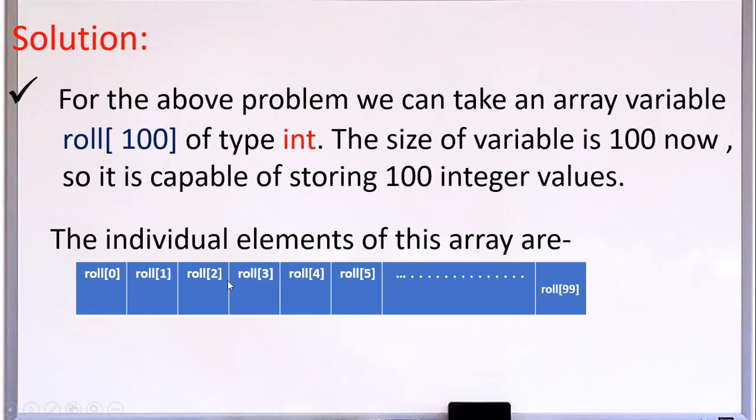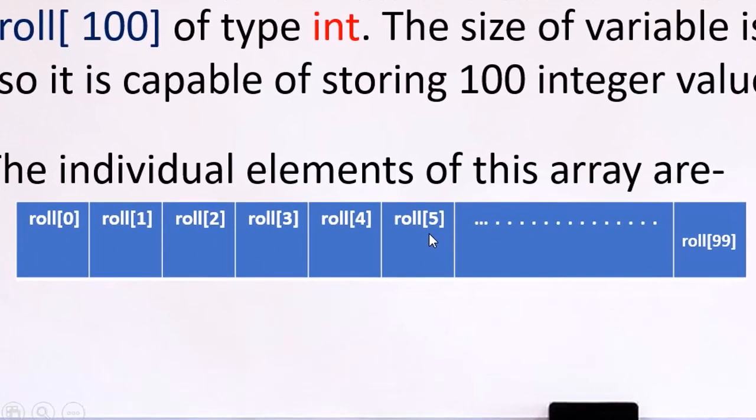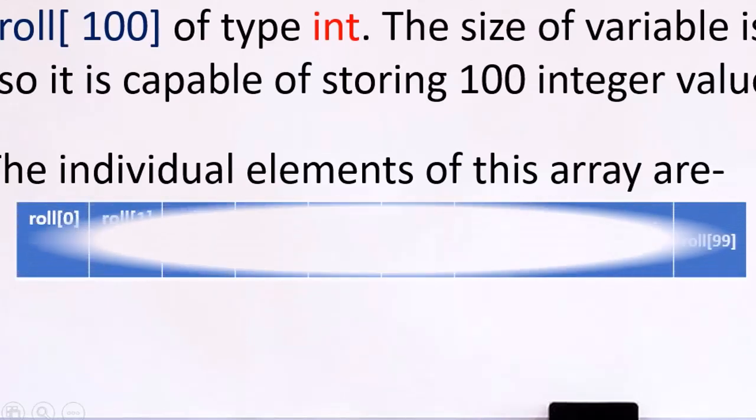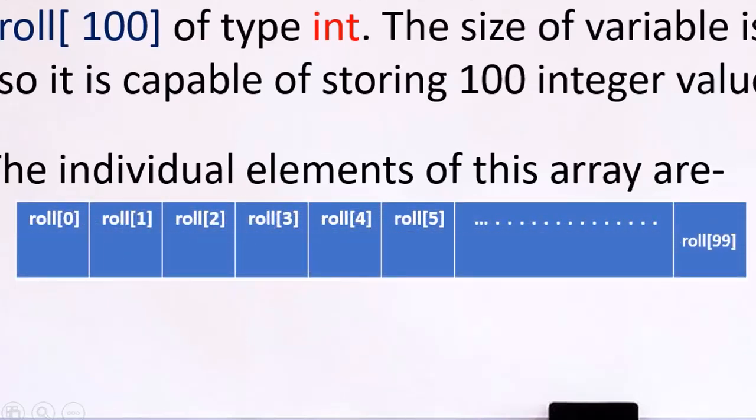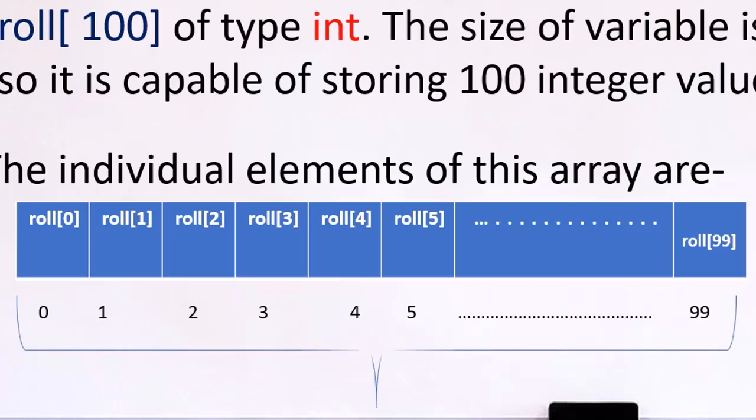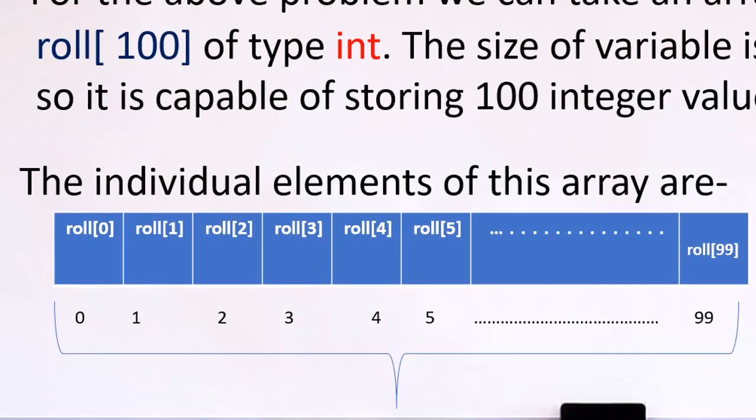When we declare a variable as an array variable, it will automatically make these boxes inside the memory. It will first initialize roll 0, then roll 1, then roll 2, and give different indexes to them. That is, it starts from 0 and ends with 99 for our case.